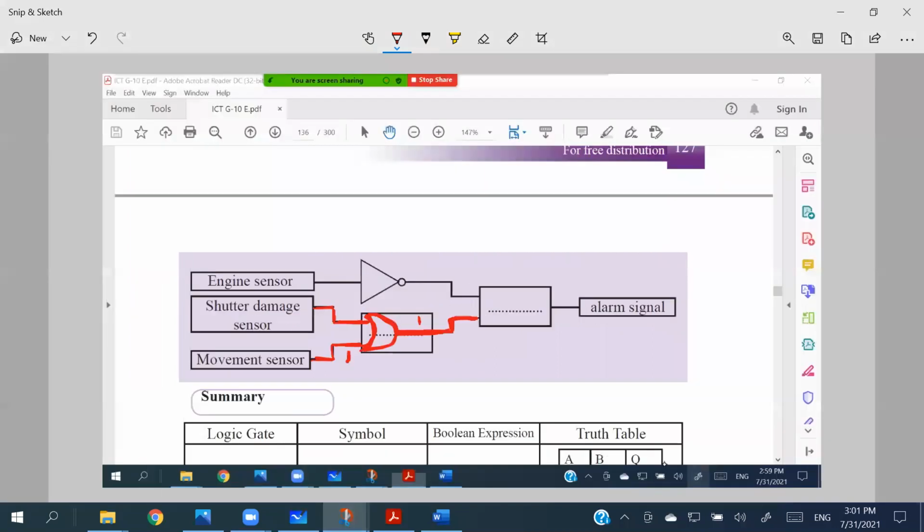So shutter damage is there, movement sensor is there. If any one thing goes alert, you are going to have a 1. And the engine sensor will indicate whether the car has started or not, right? So here, if the car is not started, if the engine sensor sends 1, we receive a 0 over here.